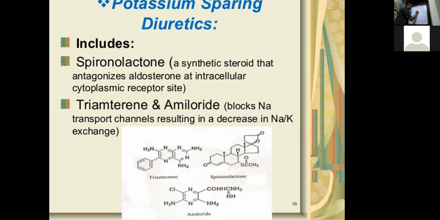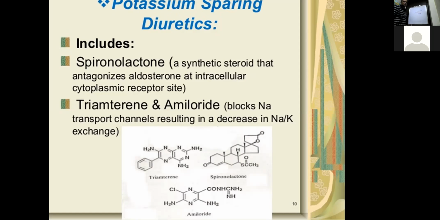Then chlorine. The 5th position contains a guanidine linkage, a carbonyl attached to a guanidine. So this is the structure of your amiloride.